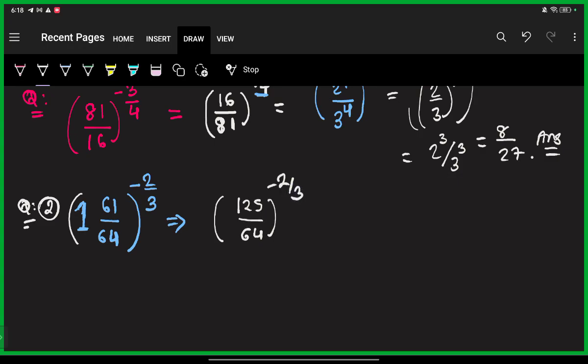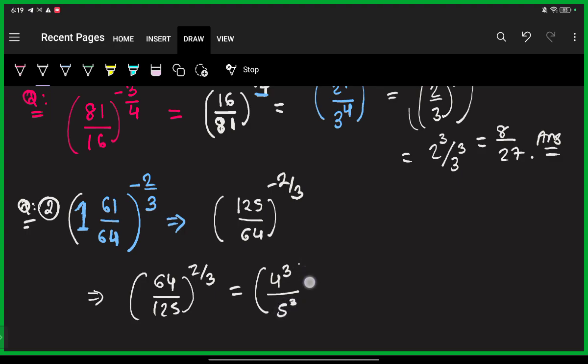Yes, sir. Okay, now reciprocate. It will be 64 over 125. We can write 64 as 4 cube. Yes or no? And 125 as 5 cube. Am I right or wrong? Yes, sir. We can practically cancel out these three, right?